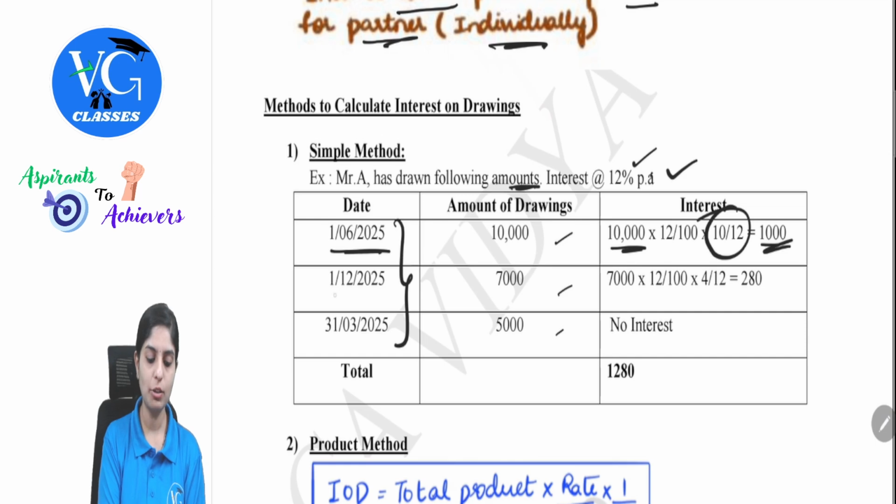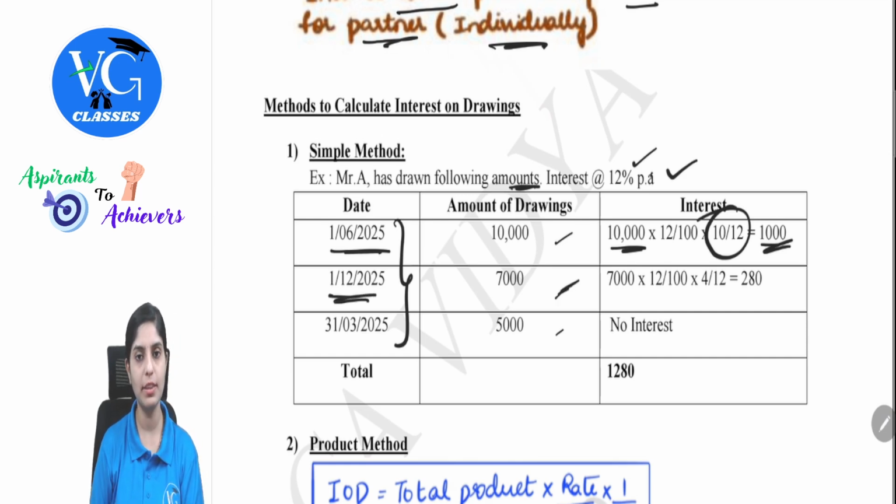Next, the date of drawing is 1st of December. Amount is 7,000. So 7,000 into 12 by 100 into 1st December until 31st March. So December, Jan, Feb and March. So 4 months. If you solve, we get 280 rupees. Next drawing is made on 31st March itself. Amount is 5,000. Since it is done on the year end, we cannot charge any interest.